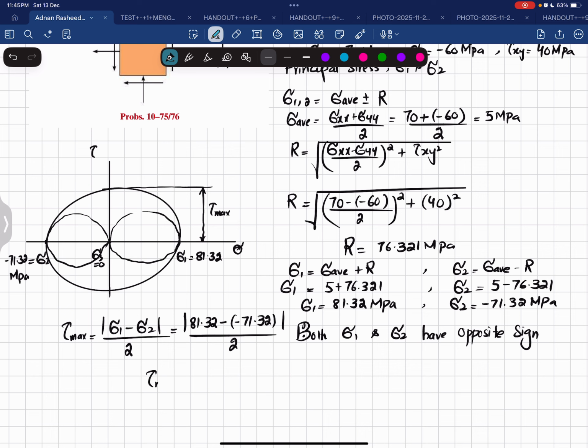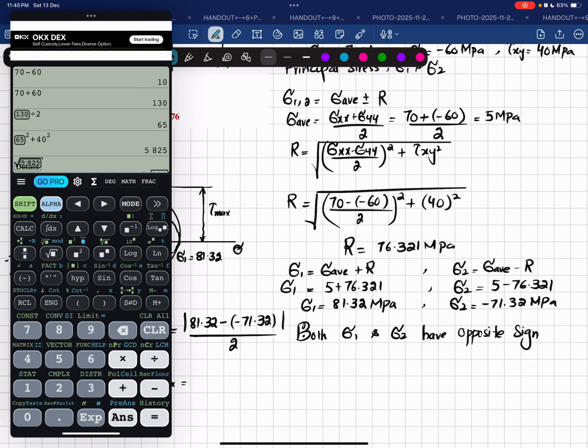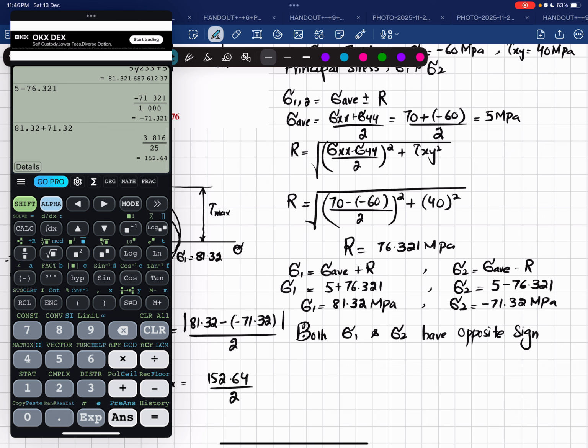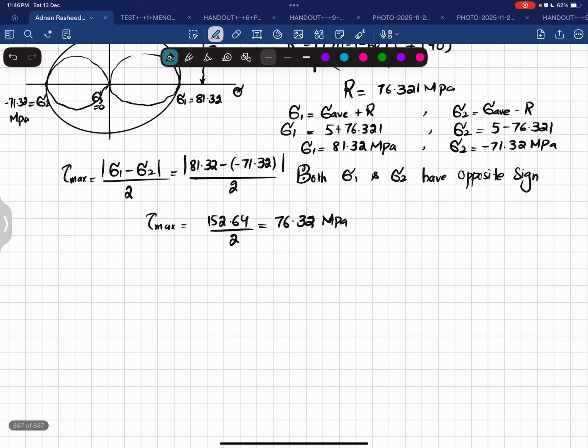So I will get the maximum shear stress, which will be equal to 81.32 plus 71.32, which is 152.64, divided by 2, and that is equal to 76.32 megapascal.